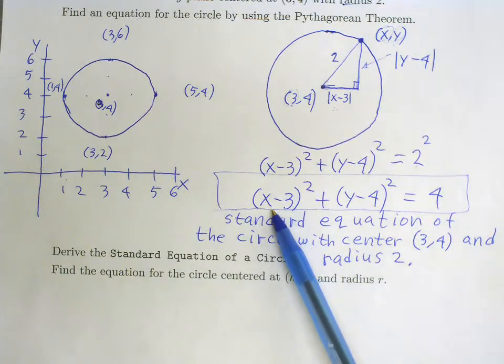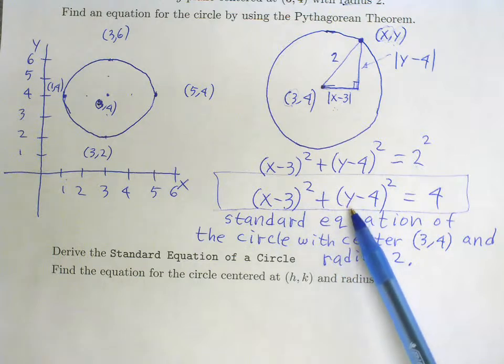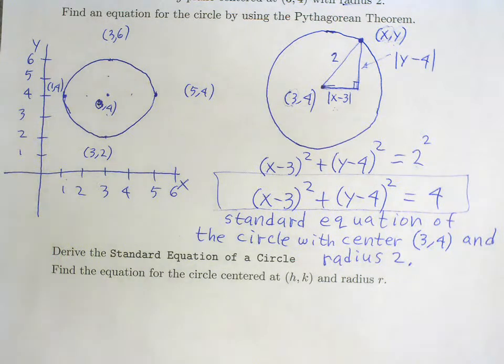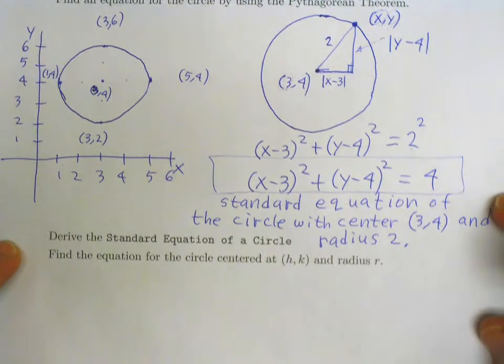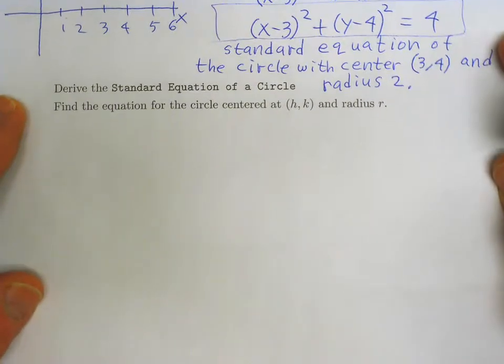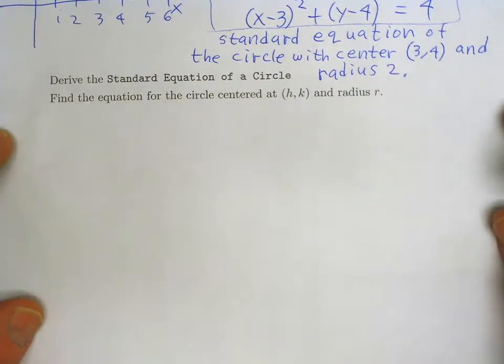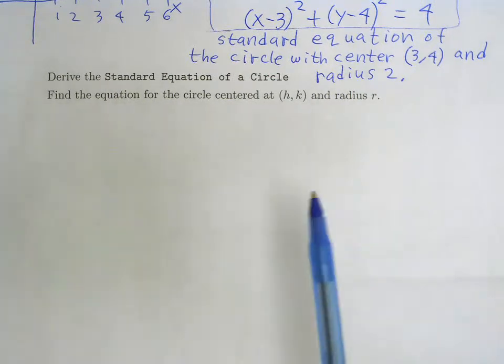So you can think of this as, in a right triangle, one of the legs squared plus the other leg squared is equal to the hypotenuse squared. That's the Pythagorean theorem. Okay, so using that idea in a specific example, we're going to derive the standard equation of any circle.